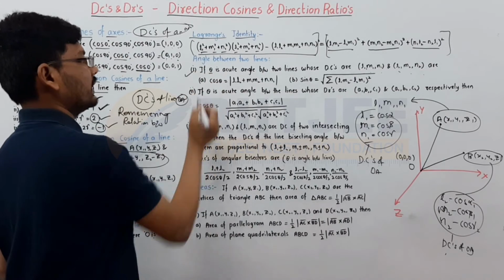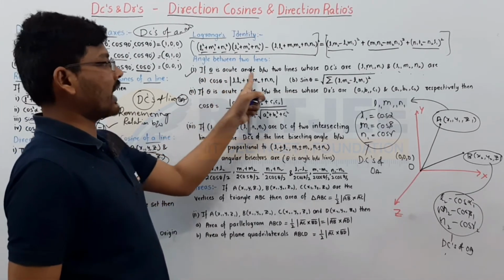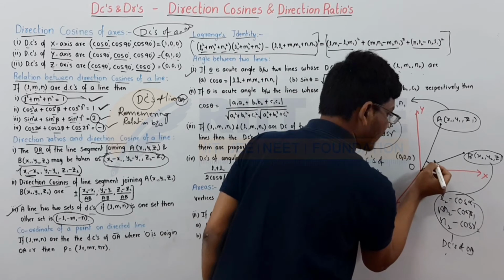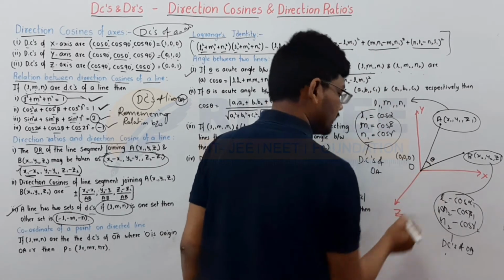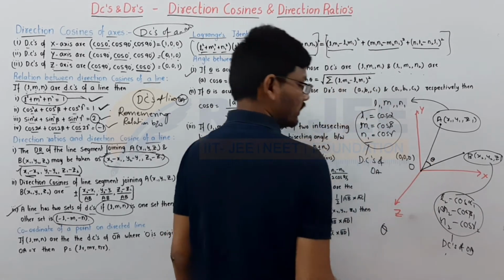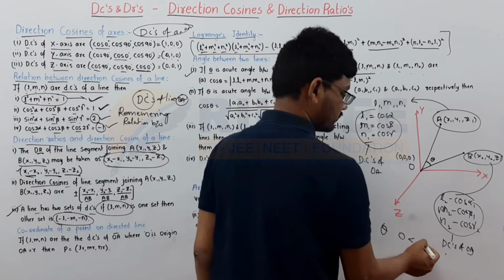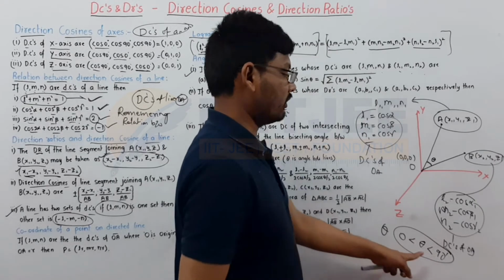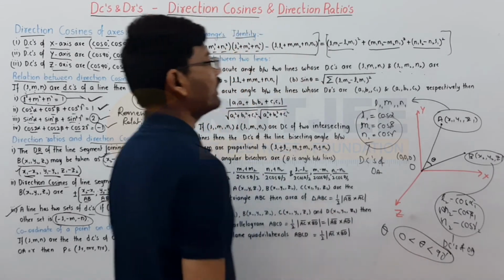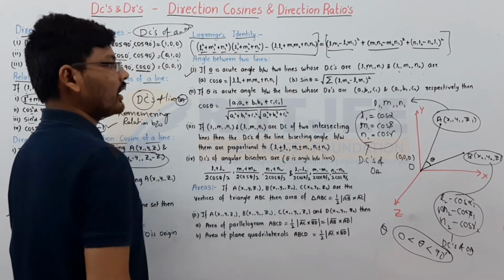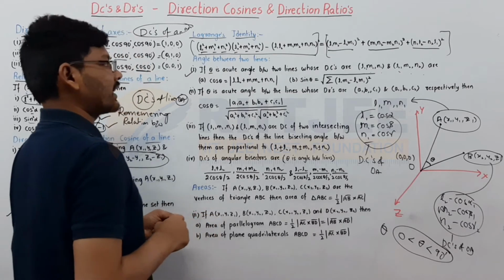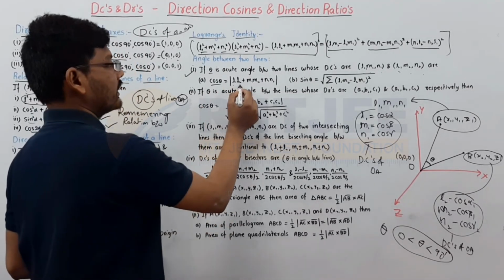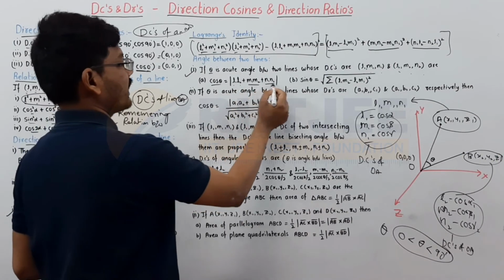Then the first point is, if theta is an acute angle between two lines, that is, theta lies between 0 and 90, then only we can call it an acute angle. Then the condition for this acute angle is cos theta is equal to modulus of L1 L2 plus M1 M2 plus N1 N2.